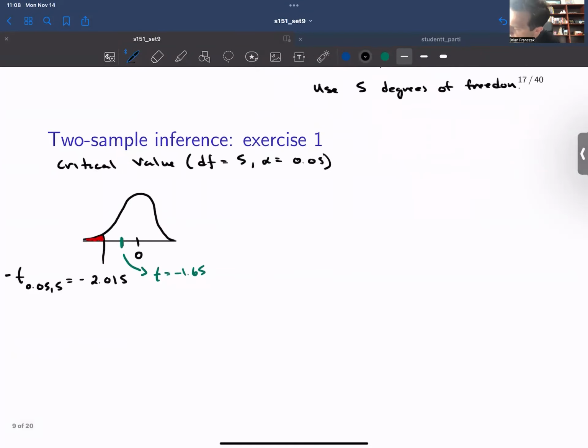Now, if we take the p-value approach, and just as a reminder, you don't have to do both, right? You can do one of the p-value or the critical value approach. So this is going to be my student t curve. I'm centered at 0 now. In this situation, I'm going to mark down where the test statistic is located.